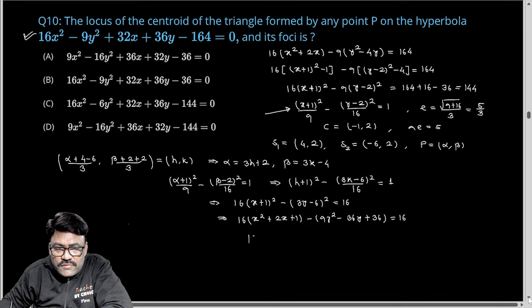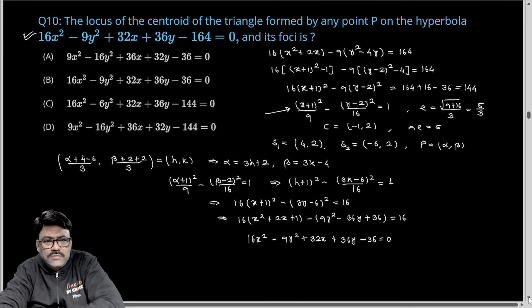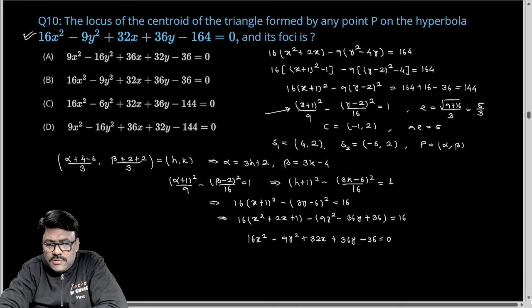The locus is 16x square minus 9y square plus 32x plus 36y minus 36 equals 0. So this is the locus, and I can see option B matches here. So B should be the correct answer.